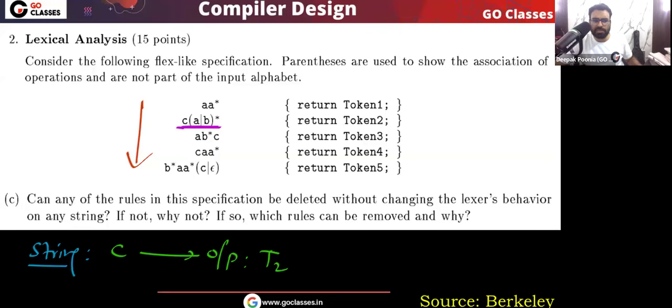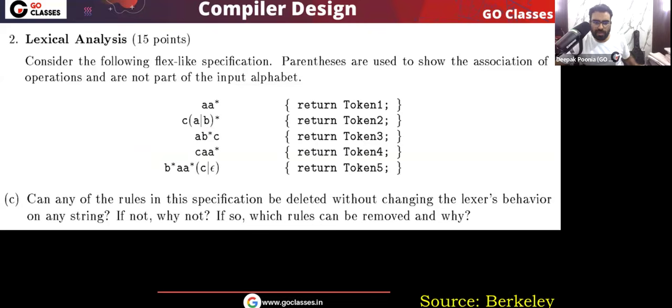Let me tell you what is the concept behind this question. Okay. Instead of going one by one, let me tell you the concept behind this question. Notice one thing. This is the priority order. Okay, means here priority decreases.